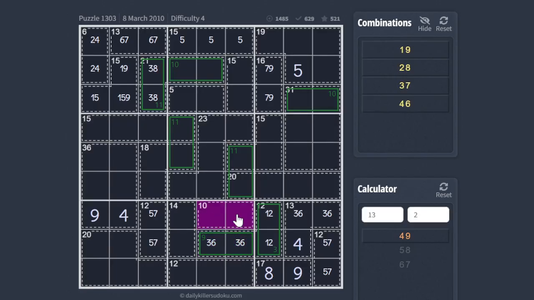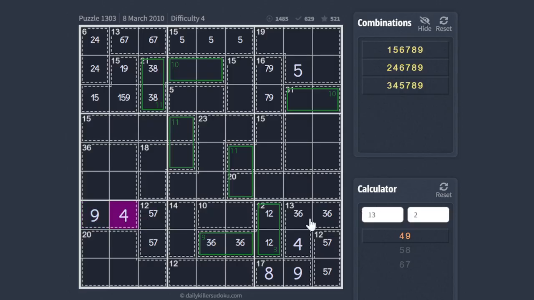And this box 8 10 cage, it sees a number from 3 of the 4 combinations of a 10 cage. And so this is limited to 1 possible combination now. The 9 knocks out the 1-9.